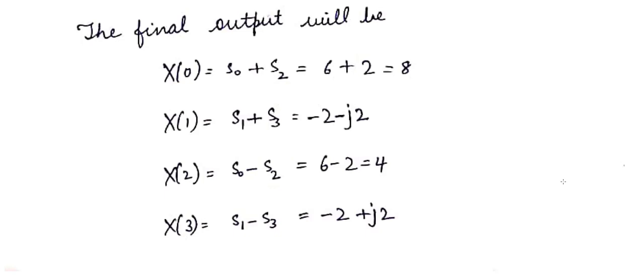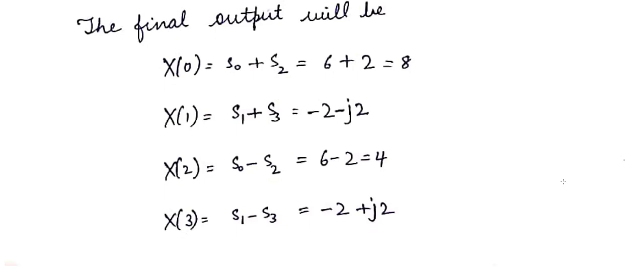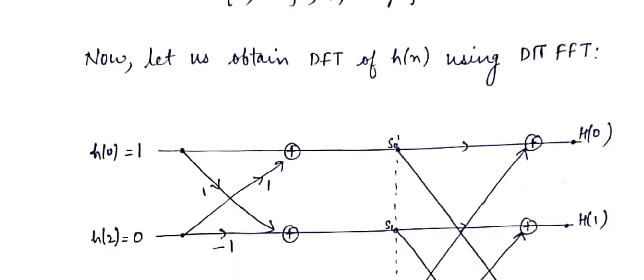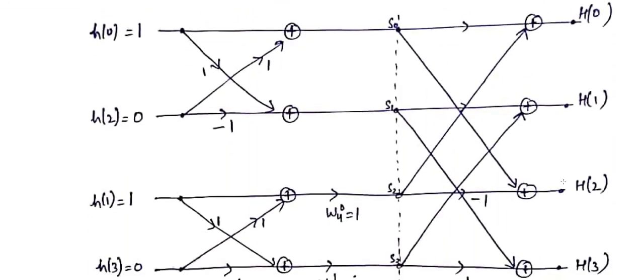Now similarly you can find the values for HK. Again you have to use the FFT DIT algorithm. The same algorithm we have implemented for small h, and again you can calculate S0, S1, S2, S3, and from that you can find capital H0, capital H1, H2 and H3.